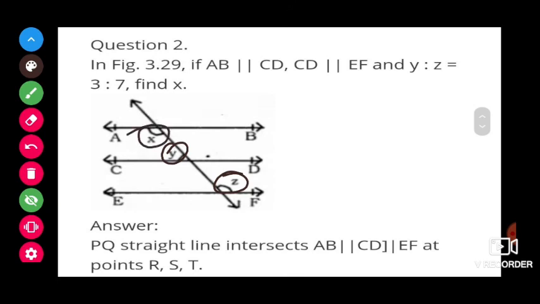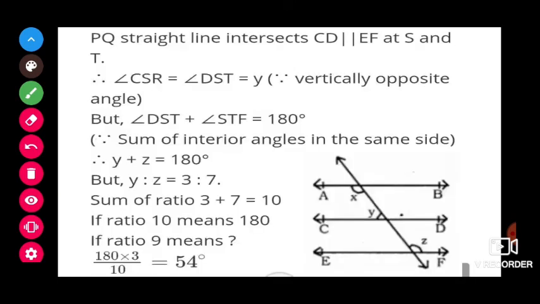Okay, children. Here, if we see the answer, PQ is a straight line. This is the PQ. PQ is a straight line that intersects CD and EF at S and T. So the intersecting points are this S and this T. And they have given that CSR, that is this angle, is equal to y, and the vertically opposite angle we can also take as y.